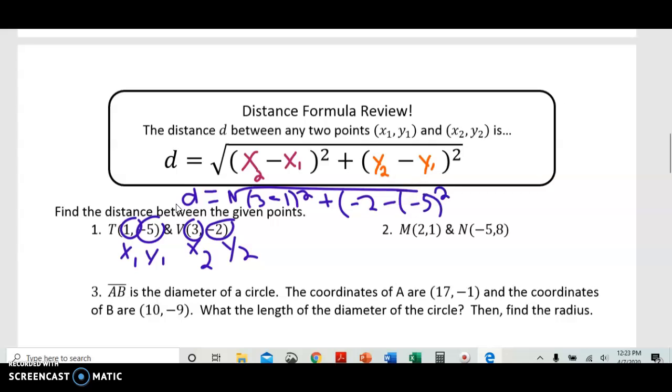That quantity squared. Okay, so we'll come over here. 3 minus 1 is 2, and 2 squared is 4, plus -2 minus a -5. That's going to give us a +3. Squared is going to be 9. Remember, we're still doing the square root. Okay, so now we're going to be doing the square root of 13.